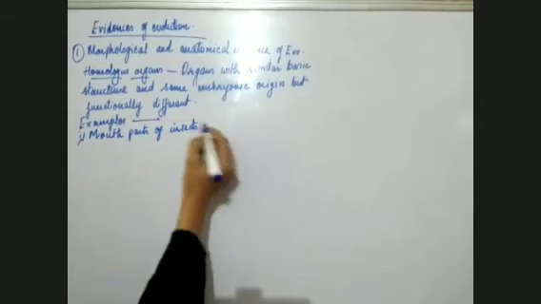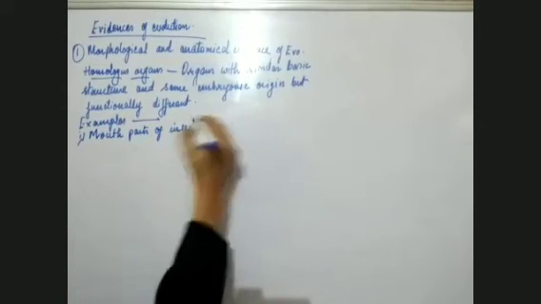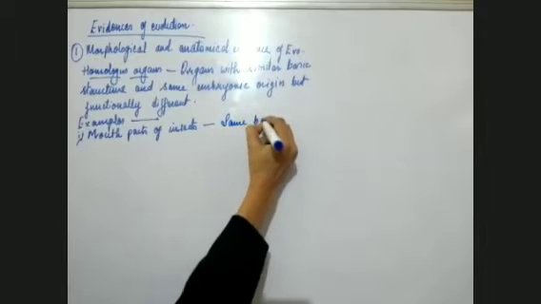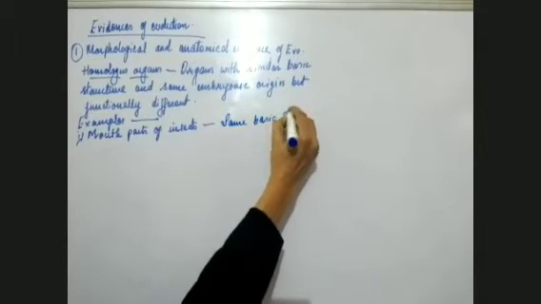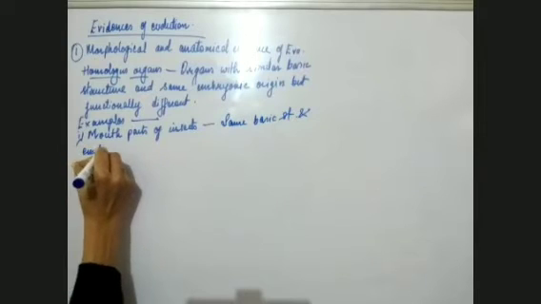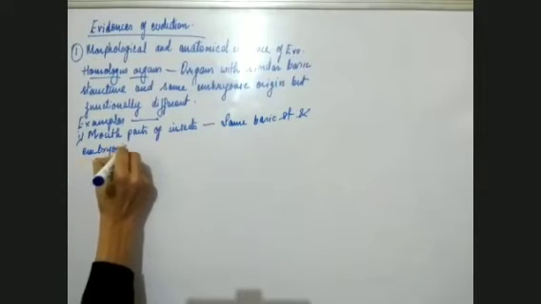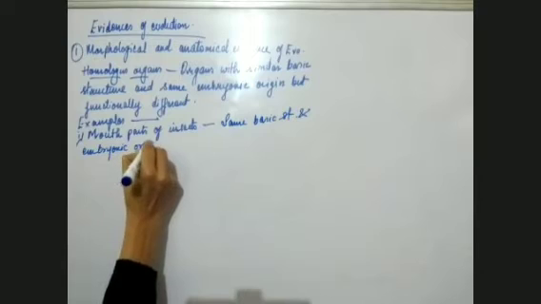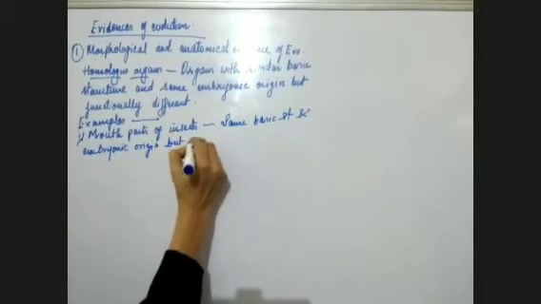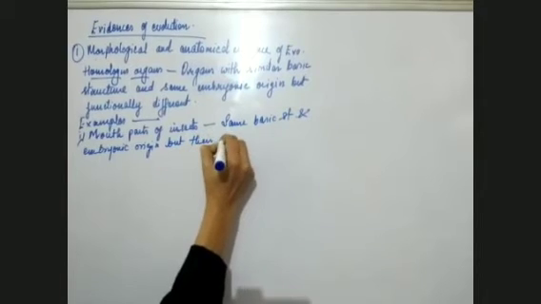The mouth parts of all the insects have the same basic structure and embryonic origin, but their functions are different.